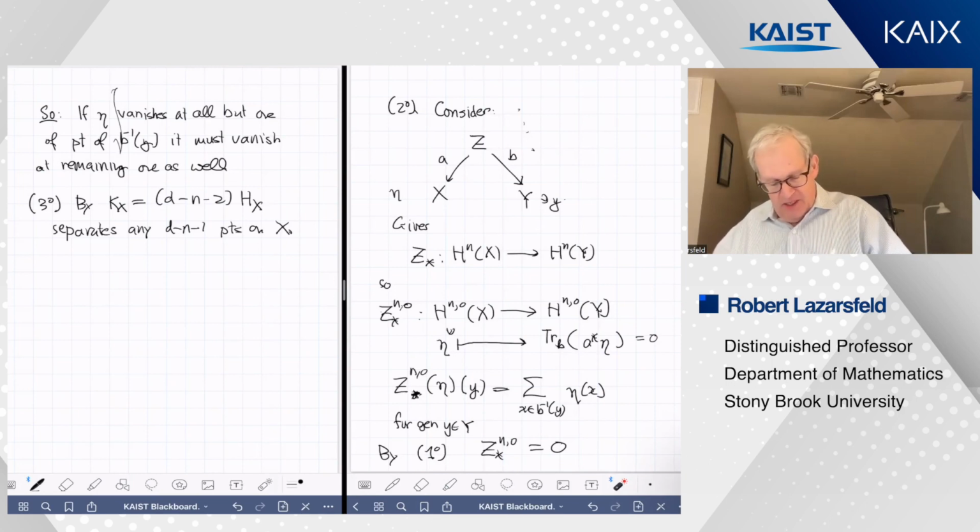I would be able to find forms that vanish at all but one of the preimages, but not the other one.